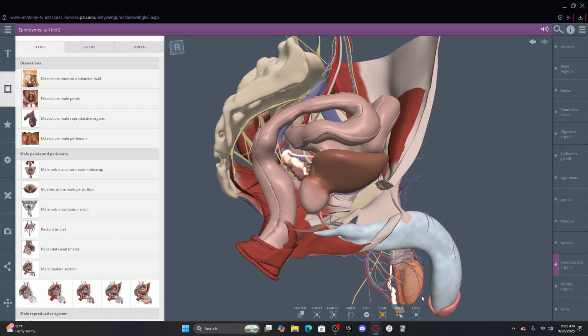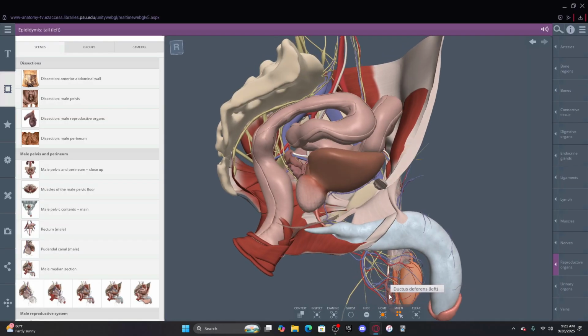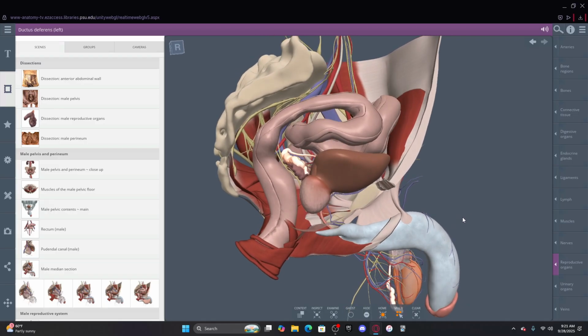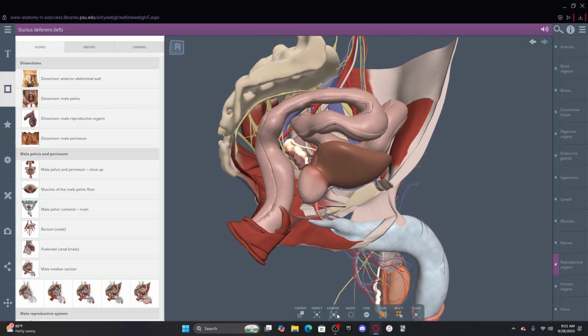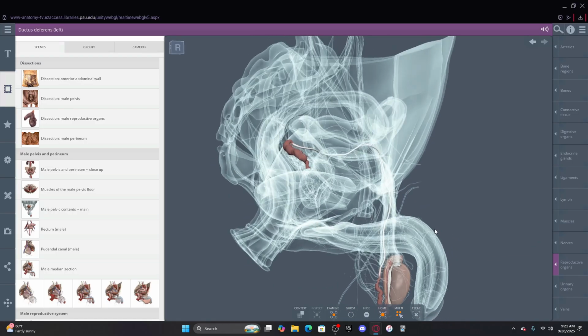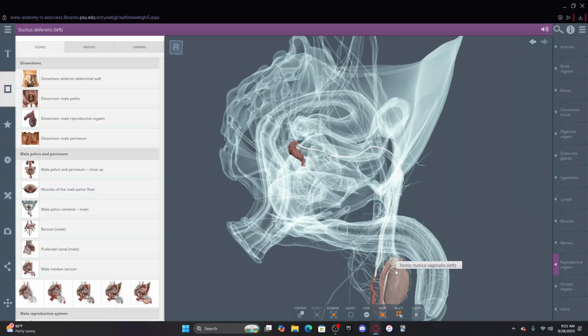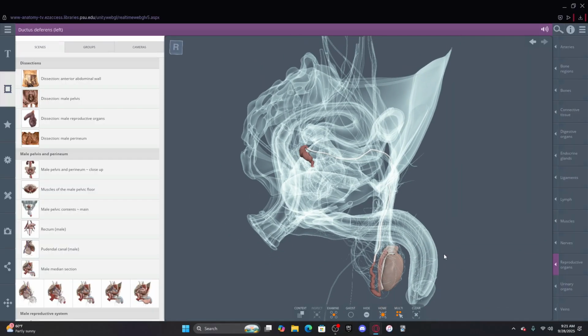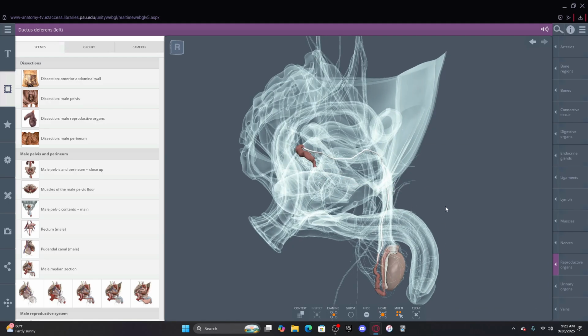If I were to remove the ductus deferens, click on it one more time, you see how it goes all the way to the prostate. So testis, epididymis, and then ductus deferens goes all the way to the prostate.